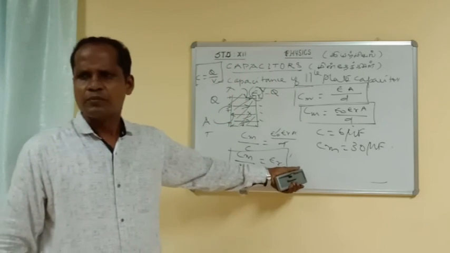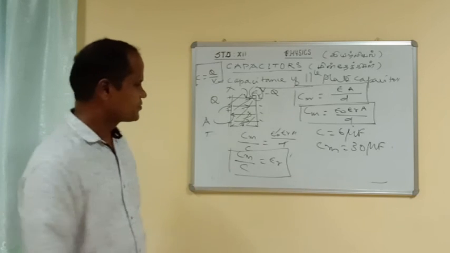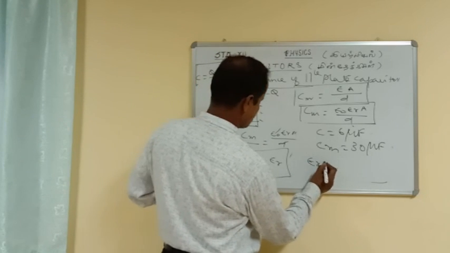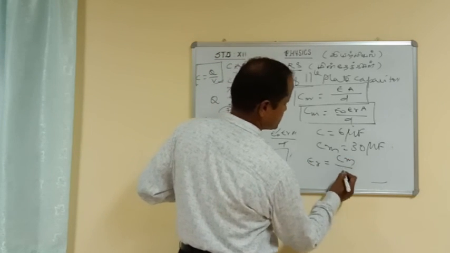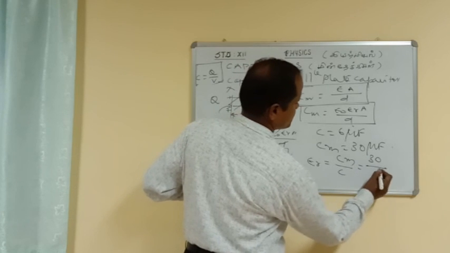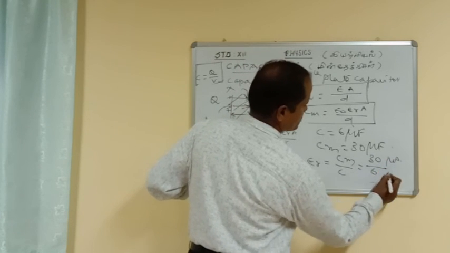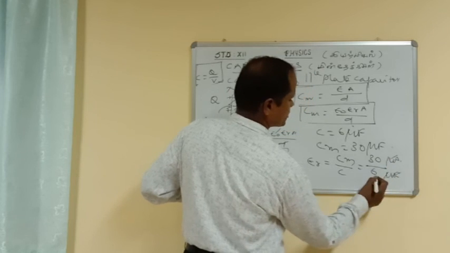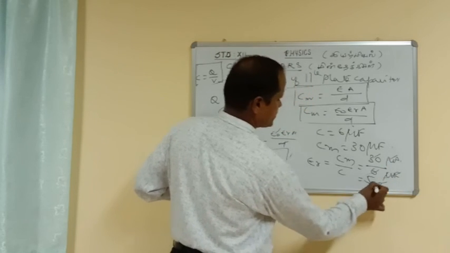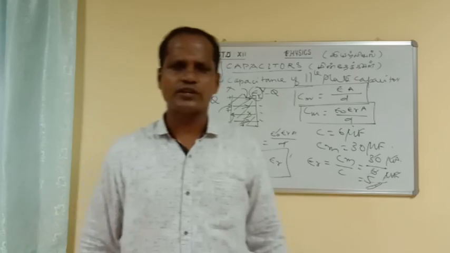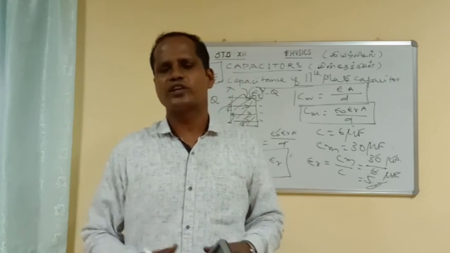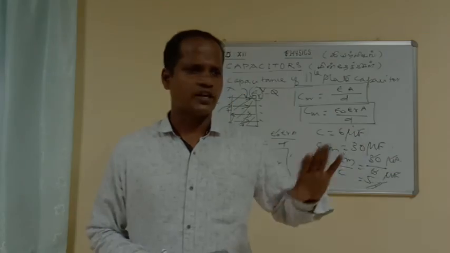What's the epsilon R value for that medium? What's the formula? Epsilon R is equal to Cm by C. This is equal to 30 by 6 microfarad. So the microfarads will be cut off. So this becomes 5. So epsilon R is 5 for that medium. Okay. So in this way you can get this one.